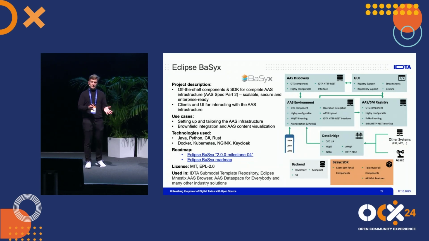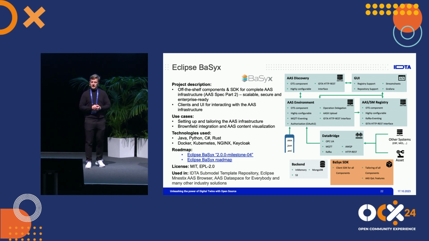Another project has a similar scope, but still different. While Eclipse FAST is maybe closer to the device itself or to the edge, the Eclipse BaSyx may be one of the most mature projects that we have. This is really a middleware, enabling you to provide realization for several scenarios. It has SDKs implementing basic components of the AES specification like repository, server, registry, or the discovery.